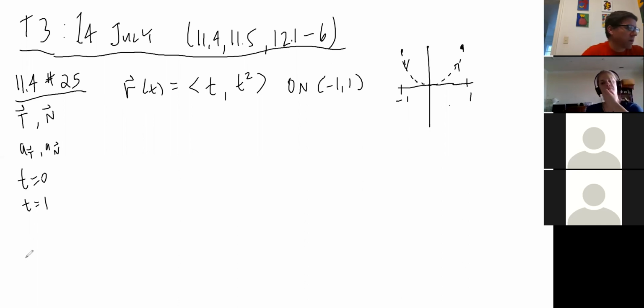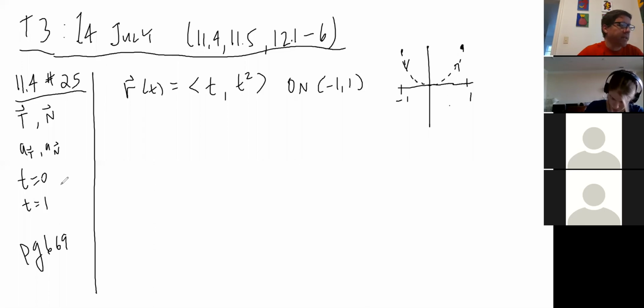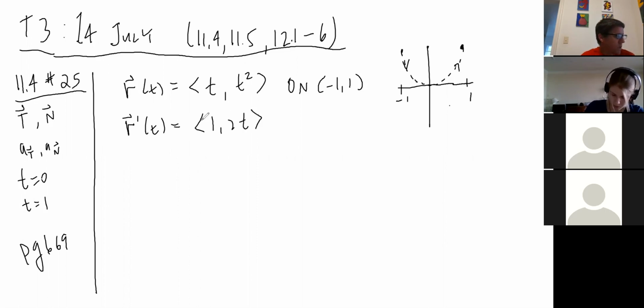So I think, let's see, this is on page 2. Well, the definition is on previous pages, but sort of the key ones are on 669 to get the a sub t and the a sub n. But as a recall, we do need r prime. So we need v, so there's our velocity, 1 and 2t.